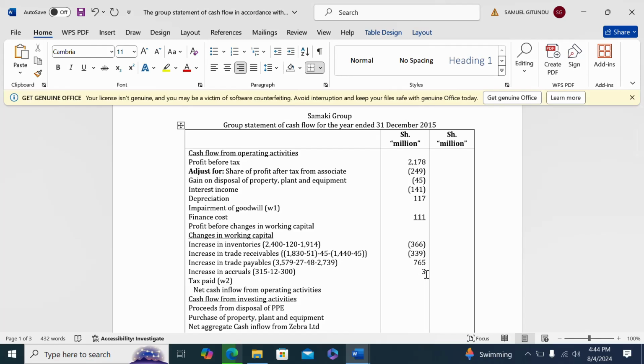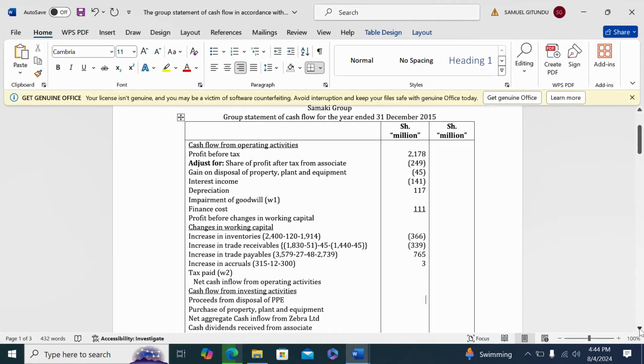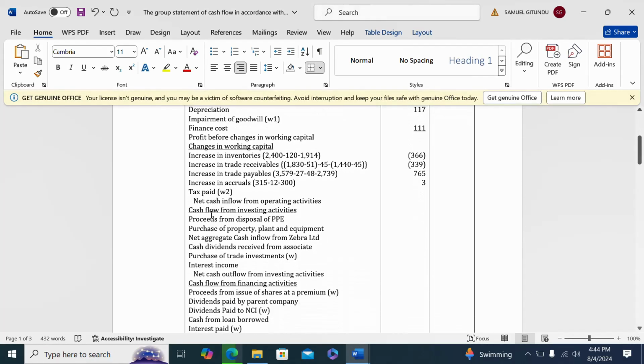Then we go to the cash flows from investing activity. From the investment activity, we can start with the proceed from the disposal.